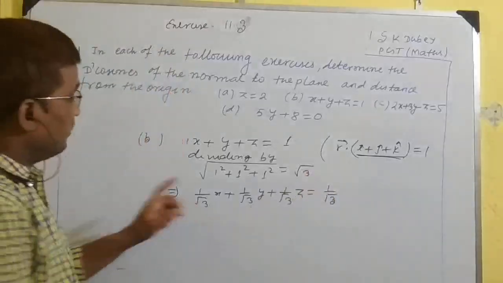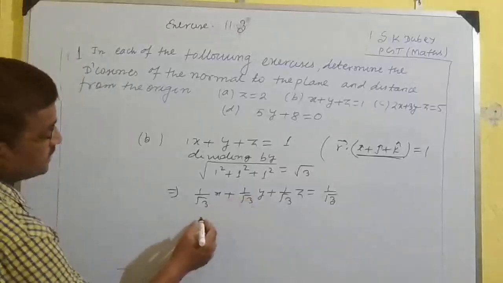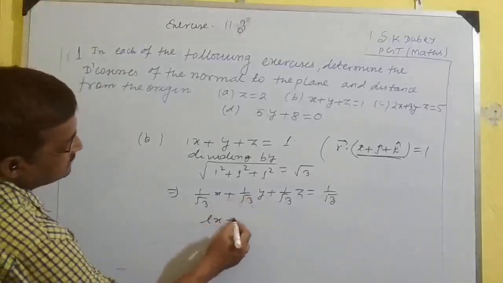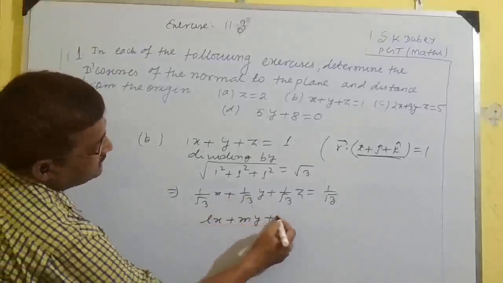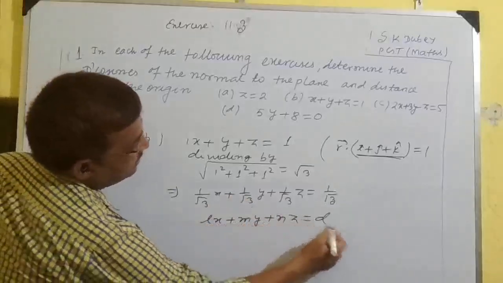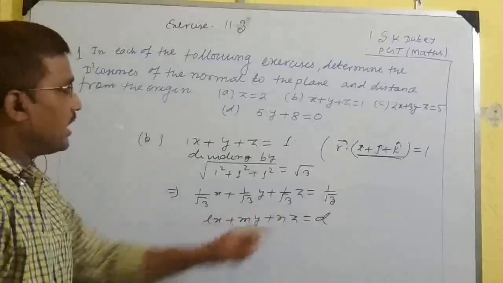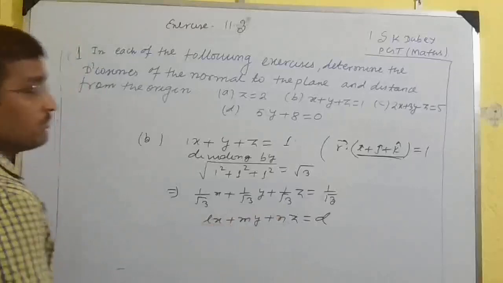Now, if we compare this equation to the standard one, that is Lx plus My plus Nz is equal to d, here L, M, N are direction cosine of the normal to the plane.